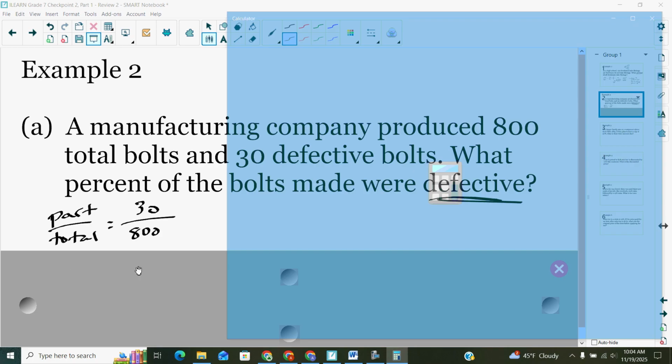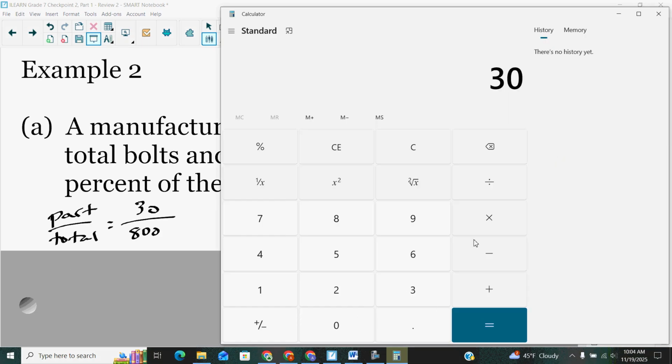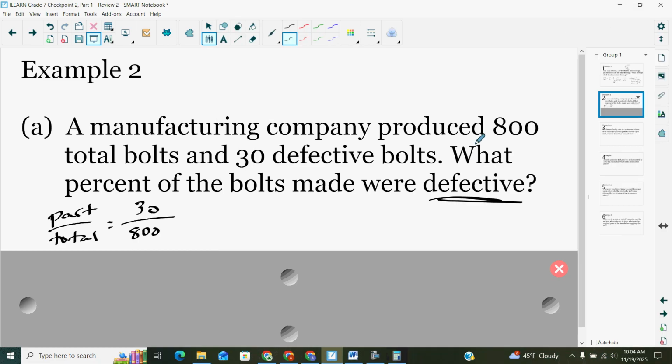And again, a lot of times you'll be allowed to use a calculator. 30 over 800 is 0.0375. And then we do want to change this to a percent. We change to a percent by moving that decimal point 2 places. 3.75% are defective.